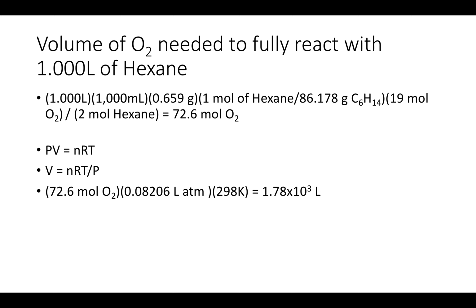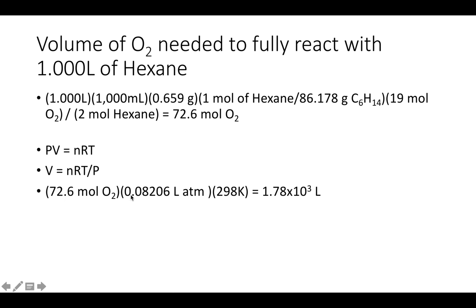So we go from 1 liter and multiply that by 1,000 milliliters and multiply that by 0.659, and then we're going to divide by 86.178 and multiply that by 19 moles of O2 and divide it by 2 moles of hexane, giving us 72.6 moles of O2.